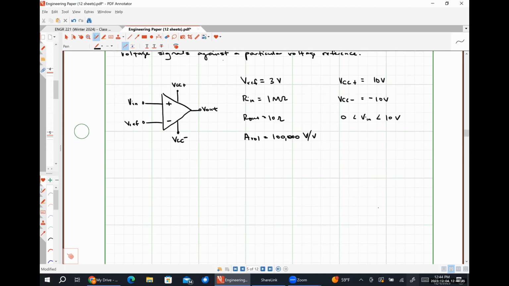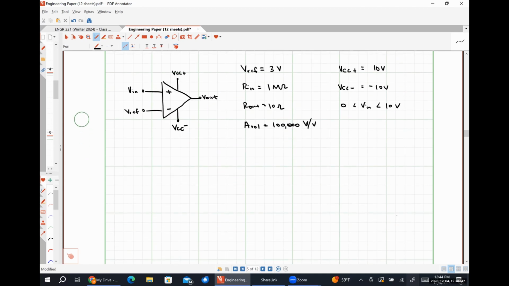So I'm going to draw my practical op-amp model. This is my V plus pin. Here's my input resistance of 1 mega ohm. Here's my V minus pin.